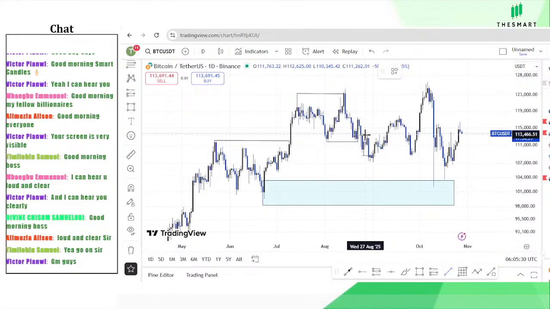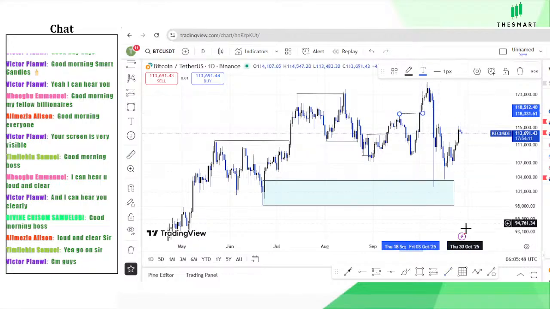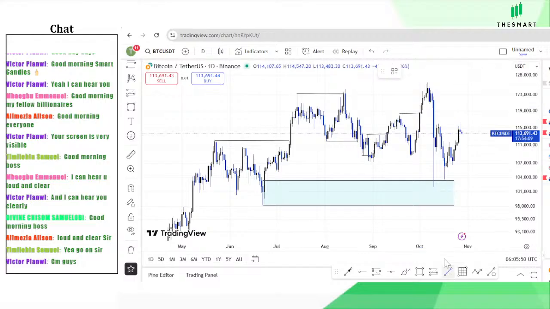Market reversed to the upside. We had this change of character to the upside, and this break of structure. So we've marked the internal price action before having this external high taken out at this point.